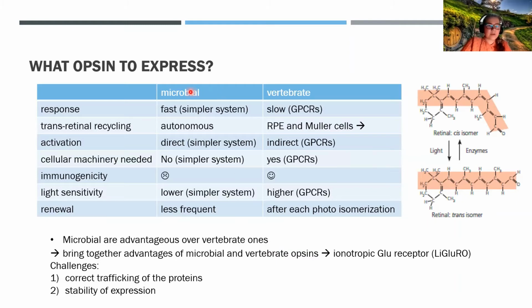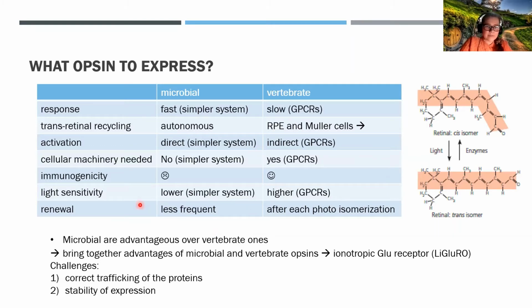It's because microbial opsins are faster, they are autonomous, and they can be activated directly, and no cellular machinery is needed for them to transduce a signal. However, there is immunogenicity due to them, since it's microbial protein. Any human or mice or rats usually detect those proteins as foreign ones.